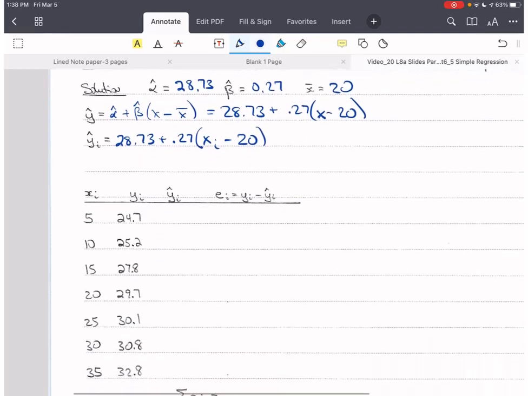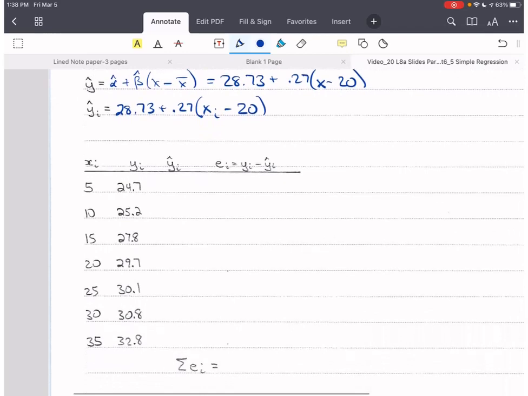And so now I've put in the actual values. And what we need is the calculated value, yi hat. We're going to use this equation for each value of x. So we'll plug in 5, and then we'll plug in 10, and then we'll plug in 15, and so forth. And we'll do the calculation and get the actual values.